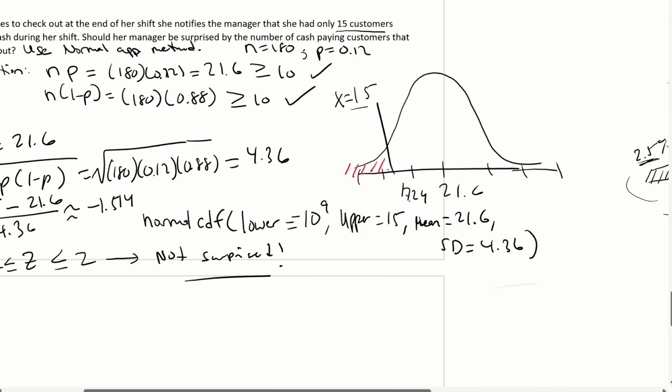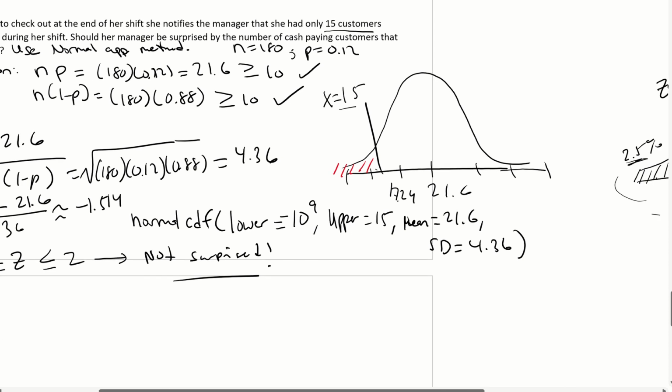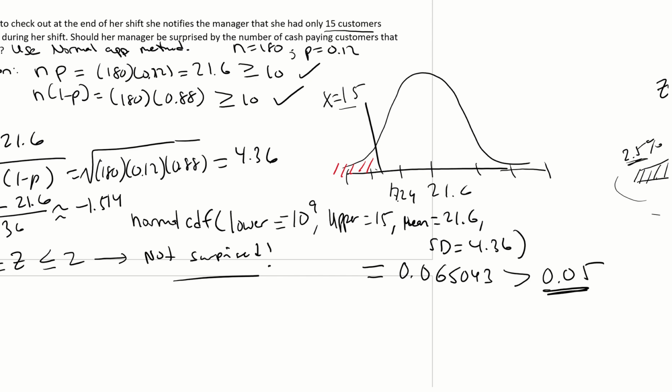It's approximate. So the bottom line is, if we calculate this number right here, we would get 0.065043. And because this is greater than 0.05 or 5%, then not surprised.